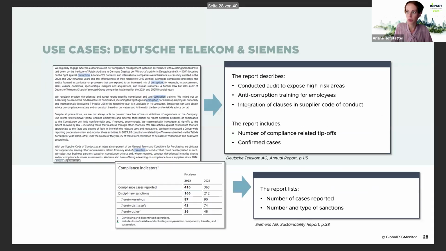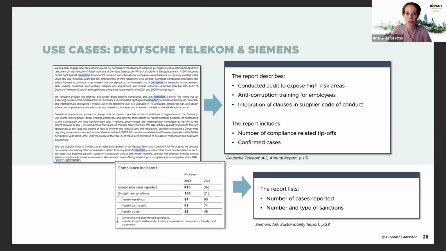Again, one more use case on this topic, which is Deutsche Telekom and Siemens. The upper case is Deutsche Telekom, and this report provides a narrative overview of several of the company's initiatives, such as audits they have in place to uncover areas with an increased risk of corruption and misconduct. You remember I said it's really important to point those out.